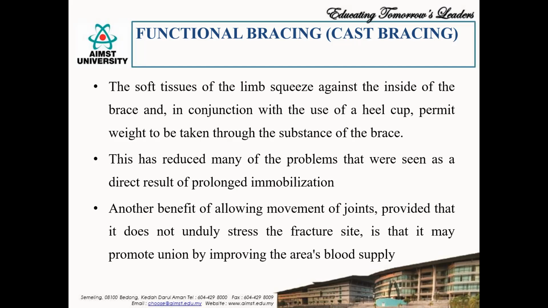So in that case, functional bracings are very, very useful. They allow movement of the joints, and they reduce unnecessary stress to the fracture site. Okay, that's why yesterday I said use it or lose it. That is the major thing. If you immobilize for a very long time, you may have problems with other structures also. They get restricted, or lose their capacity.